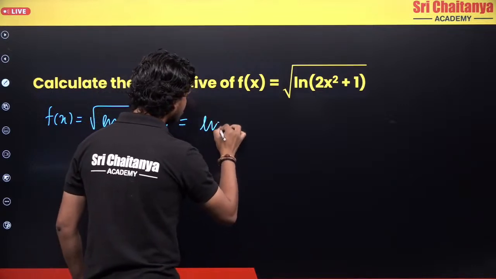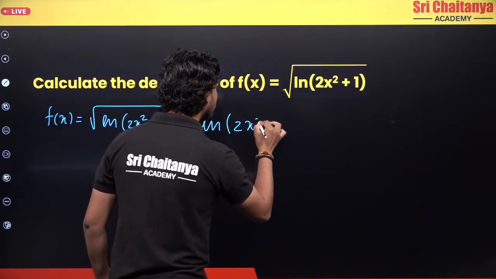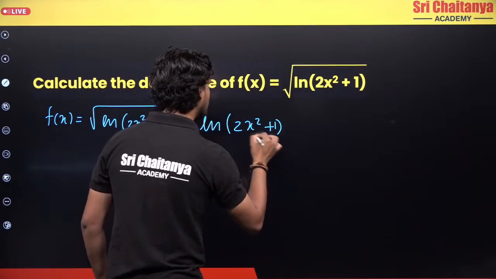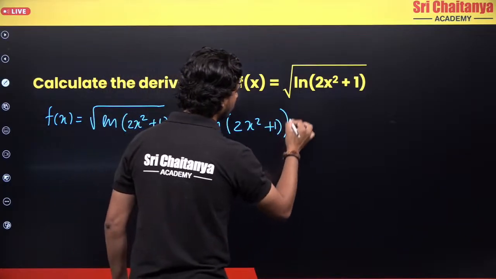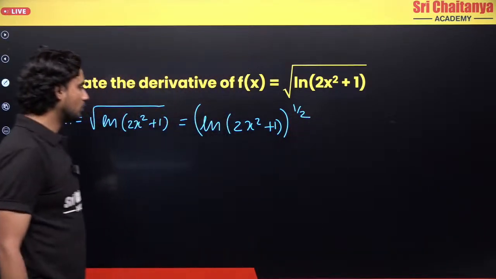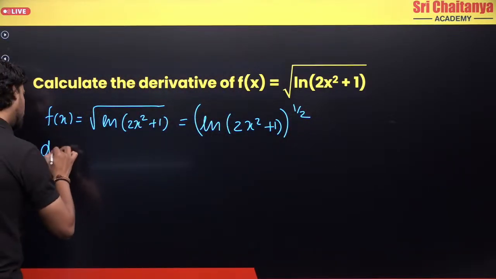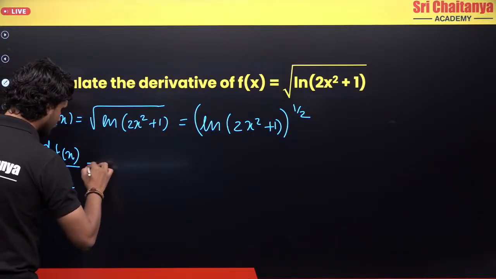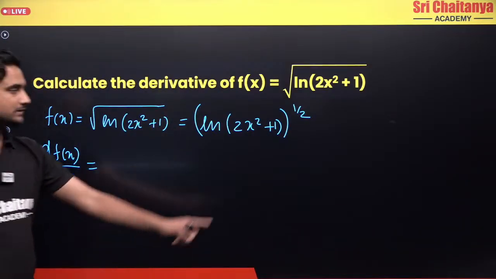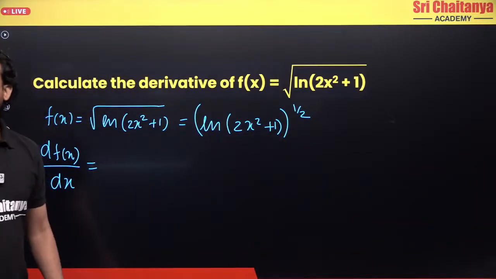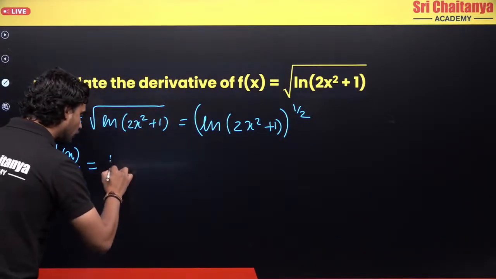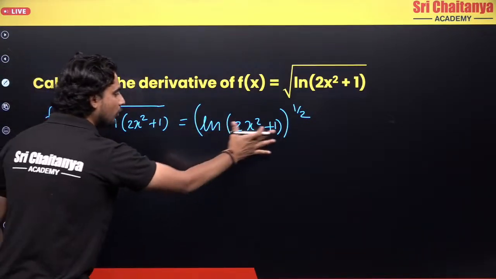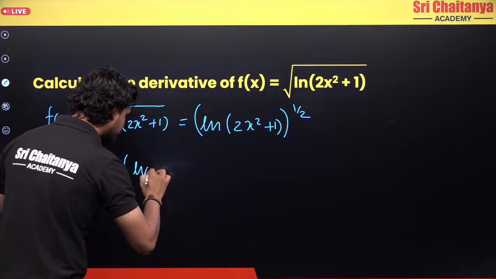I can write (ln(2x square plus 1)) power 1 by 2. Yes or no? So what is the outermost function you can see? For me, the outermost function is this power function, right, 1 by 2. So I will take this 1 by 2 in front and I will keep what is inside as it is.